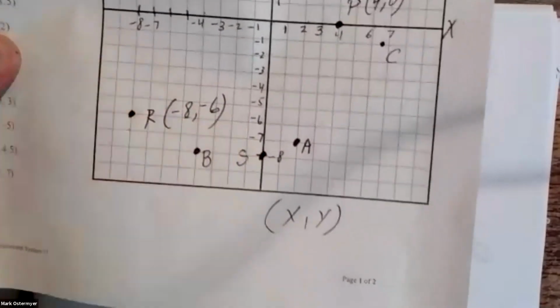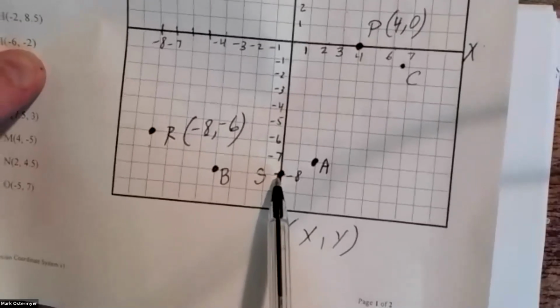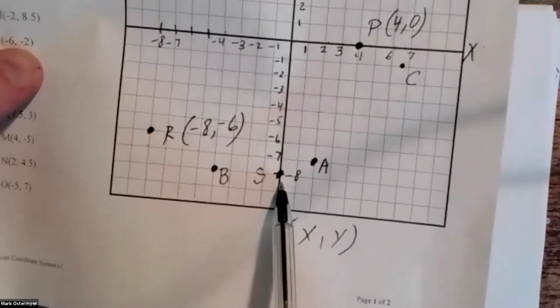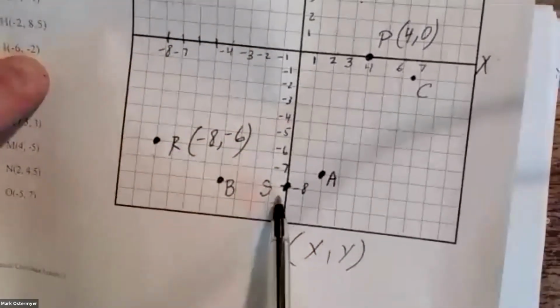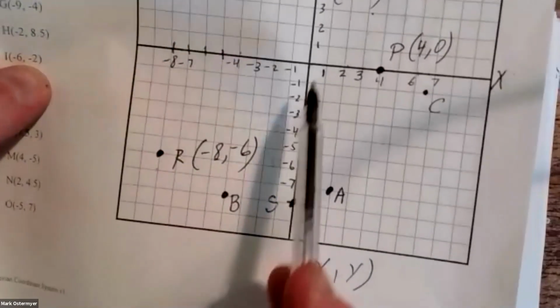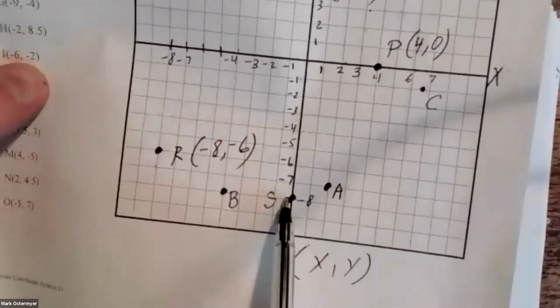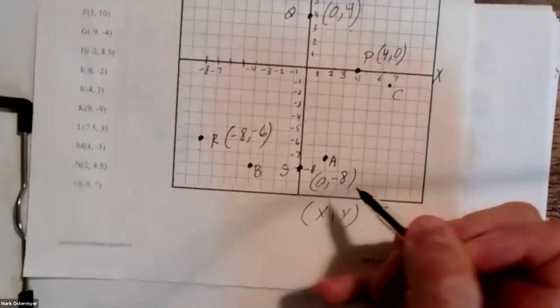What's the y coordinate? -8. Y coordinate's -8. So what is the ordered pair address of this point? Point 0, comma, -8. Yes. The x coordinate is 0. The y coordinate is -8. That would be the point 0, -8. Okay.